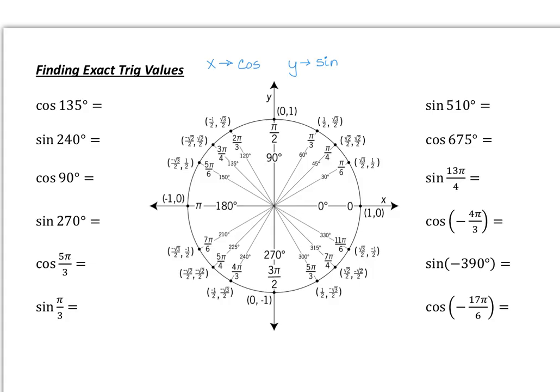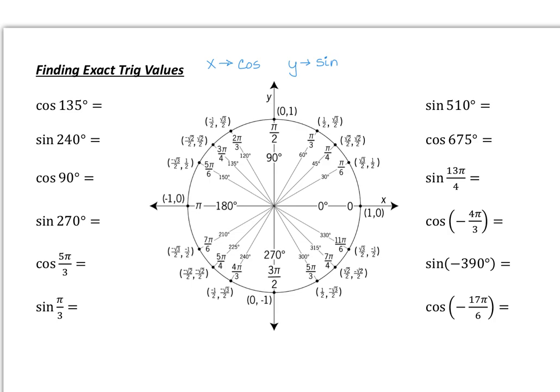And so for these 6 problems over here, you merely need to find the angle, and each of these angles is an angle between 0 and 360 or 0 and 2 pi. You just need to find where that angle is on the unit circle and decide if you're looking for the x value or the y value based on cosine or sine, and that's your answer.